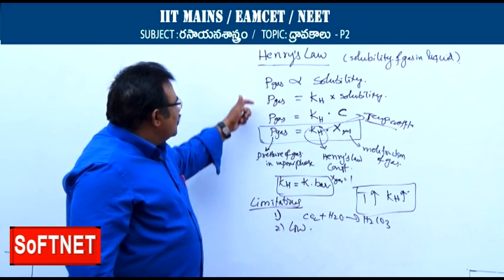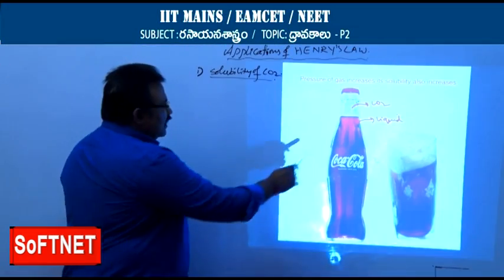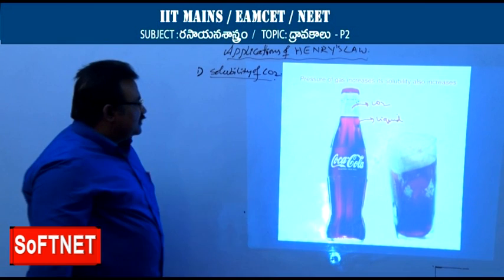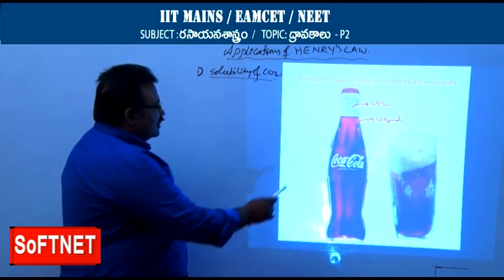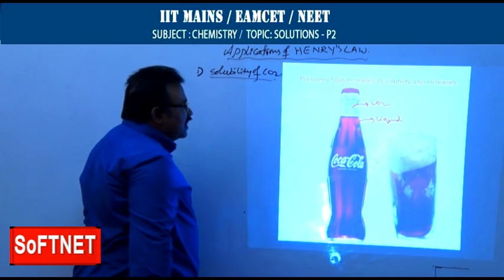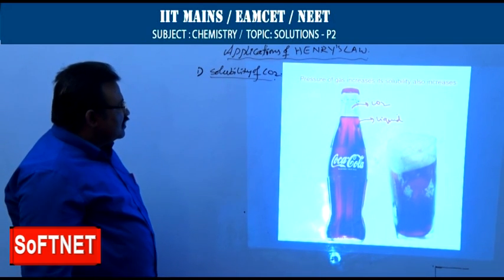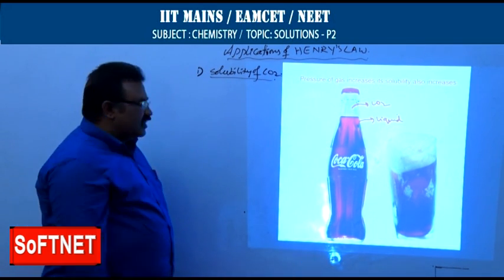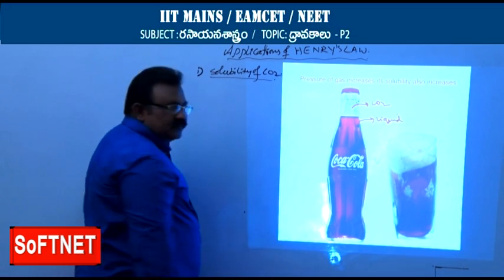So, what are the applications of Henry's law? Here the bottle is sealed at higher pressure, so in the bottle carbon dioxide solubility is more. As pressure of the gas increases, its solubility also increases. Here more pressure means more solubility of CO2.